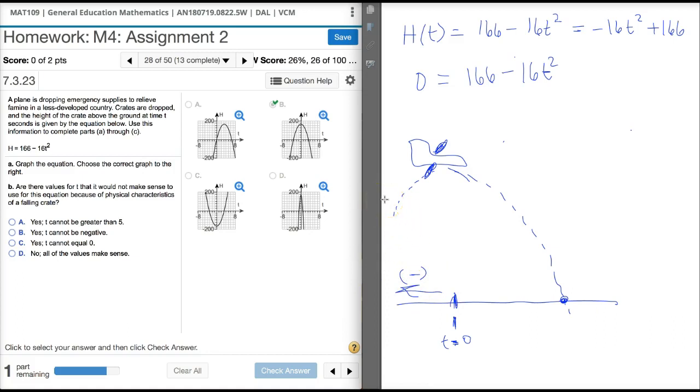Okay. So here we don't want to allow t to be negative. We can allow t to be 0 because that's the instant before we actually throw out or drop the emergency supplies. Okay. All this other stuff really doesn't make a whole lot of sense, but here, making sure that t can't be negative would be the one thing that we have to look out for here.